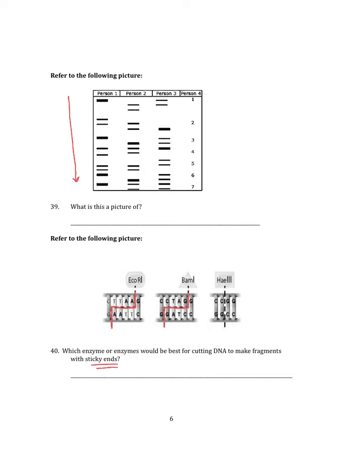So the enzymes that cut those fragments are the EcoRI and the BamHI. The HaeIII makes blunt ends, so it would not be a good enzyme for making fragments with sticky ends because it cuts in a straight line between the two fragments that you're creating.